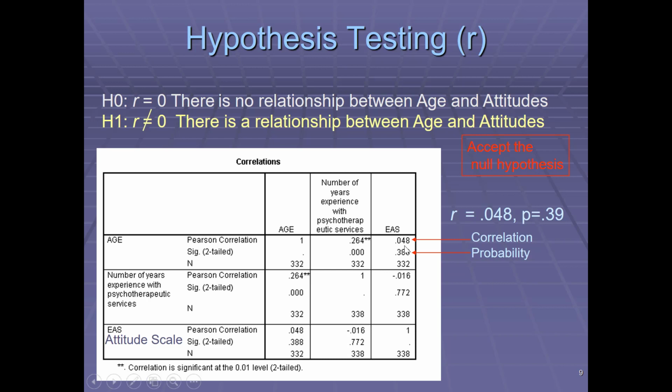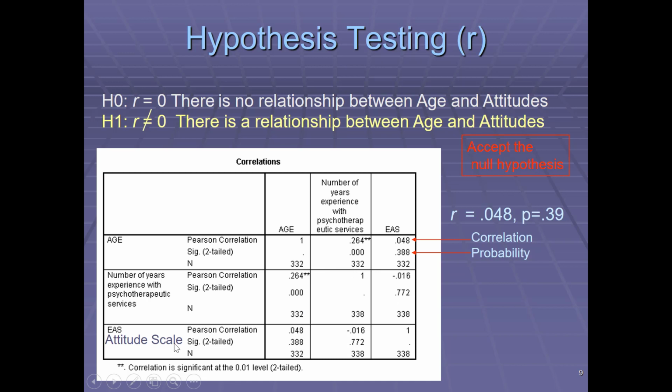So it's right here, 0.48. Our p-value is down here, and our p-value is, let's see, 0.39.